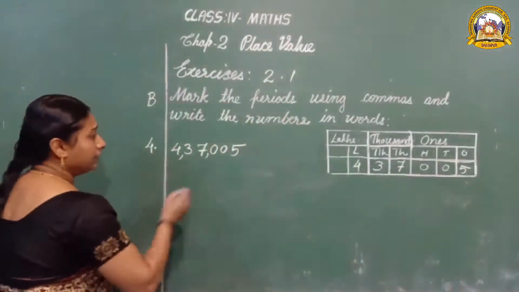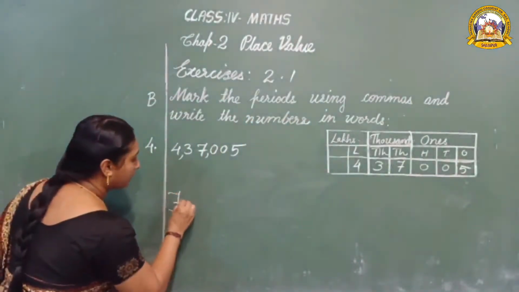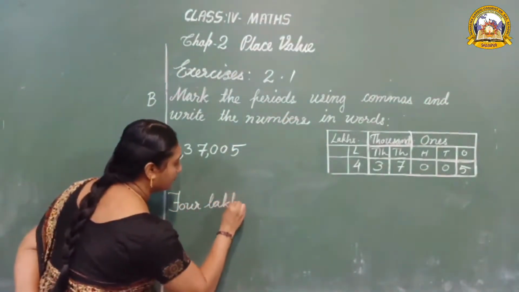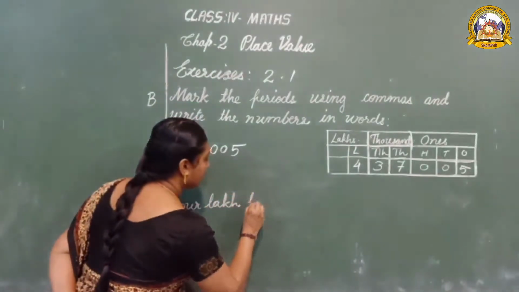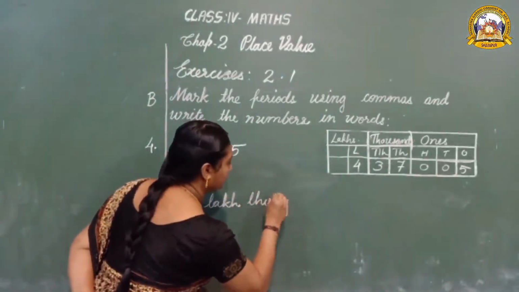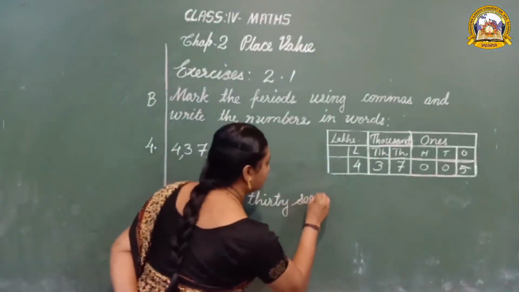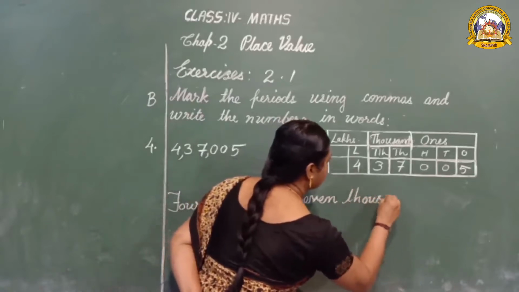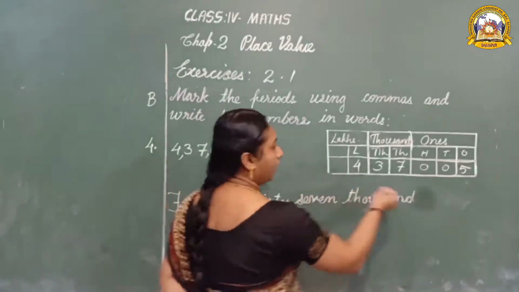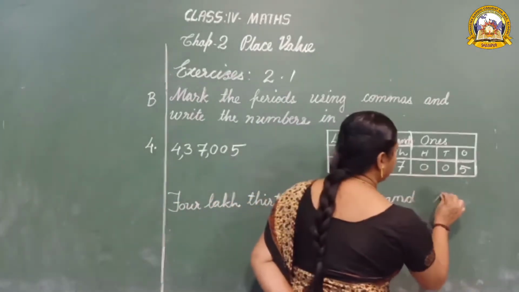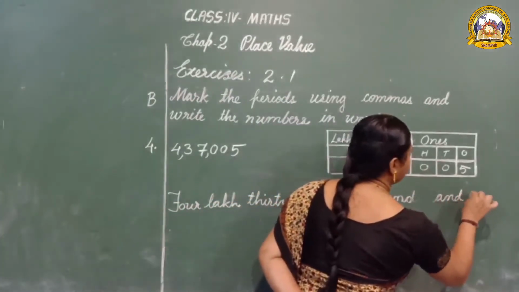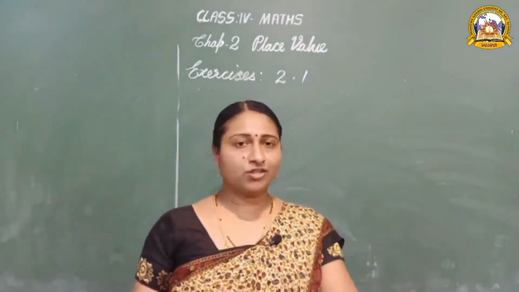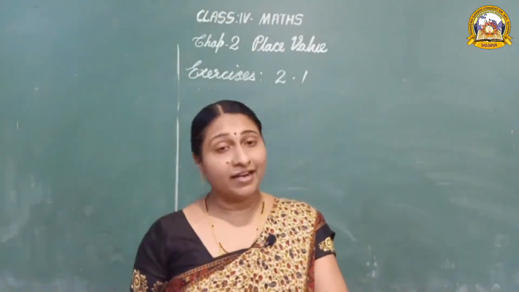Let us write the number name. 4 lakh 37,000 and what is remaining there? Only 5. Children, let us do the remaining exercises in the next class. Okay.